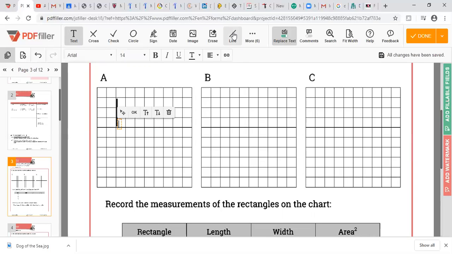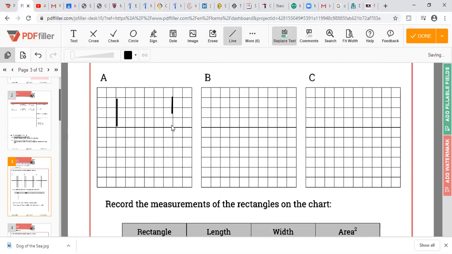Remember, with a rectangle, we need to make sure that the opposite sides are the same.